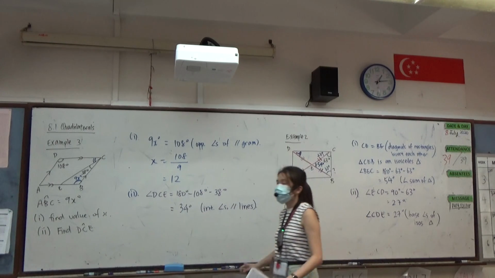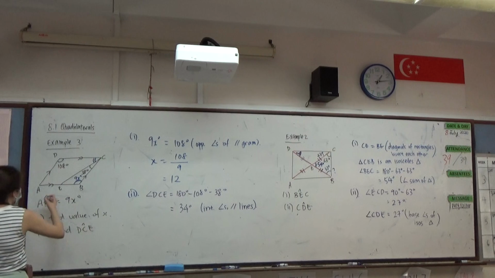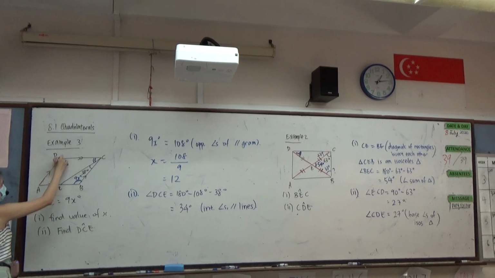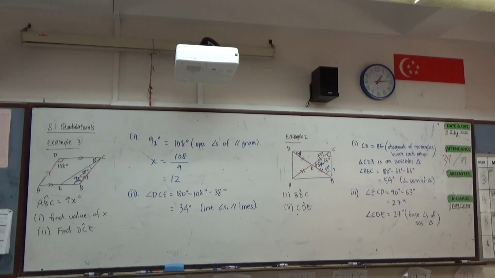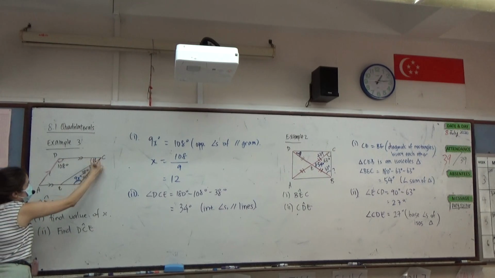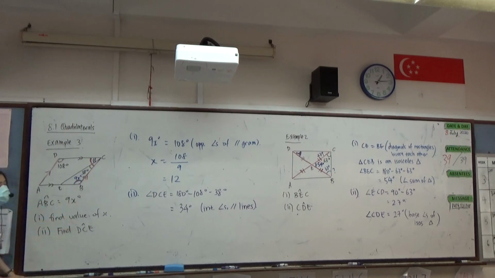Okay, so why is that happening? It is because I know that we have parallel lines over here. Agree? Because we have parallel lines, inside the parallel lines, this angle and this angle here must add up to 180 due to interior angles, parallel lines.